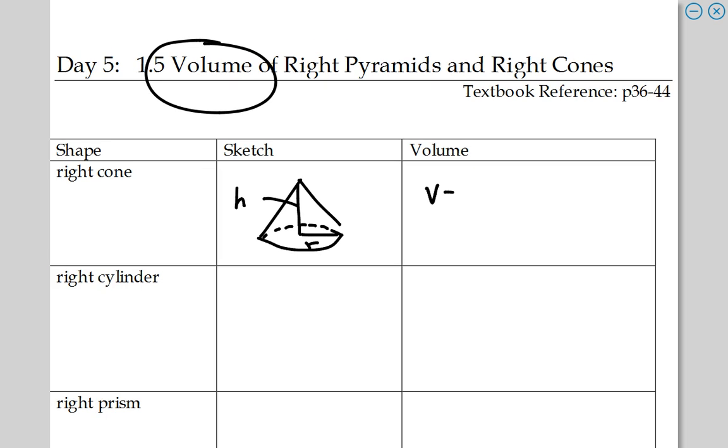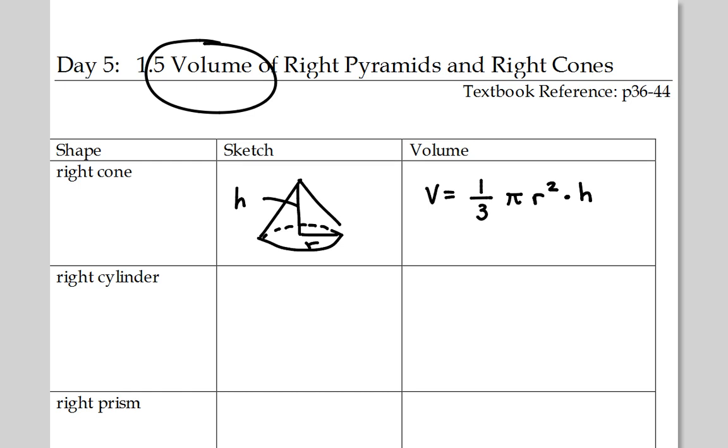So the volume for a cone is going to be 1/3 pi r squared h, which you can double check on your data sheet.